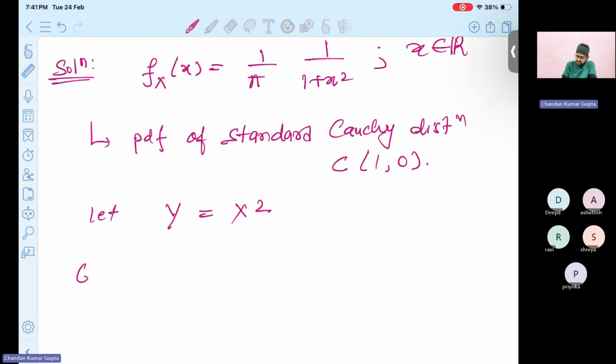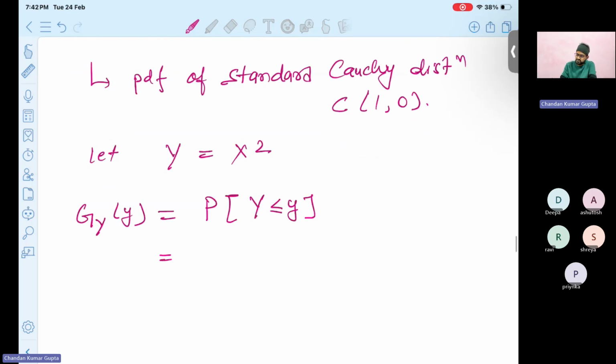The formula for the CDF is the probability that capital Y is less than or equal to small y. Here Y equals x square, so the probability that x square is less than or equal to y, because the capital term is for a random variable and the small term is for a random sample, which is ultimately a number, like 0.2 or 0.579.